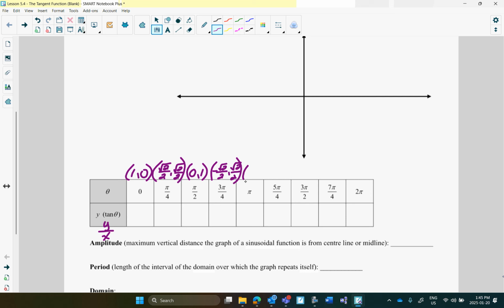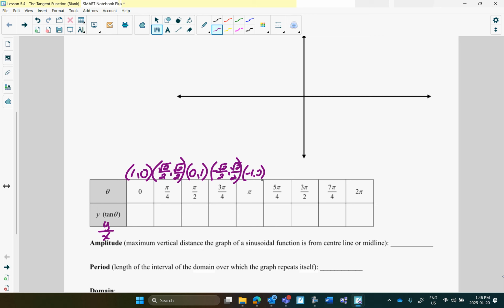Pi is negative 1, 0, and then it continues from there. So 5 pi over 4, they're both negative, the root 2 over 2's. 3 pi over 2 is 0, negative 1. 7 pi over 4 is root 2 over 2, comma negative root 2 over 2. And 2 pi goes back to 1, 0, because it completes a full revolution, a complete circle.